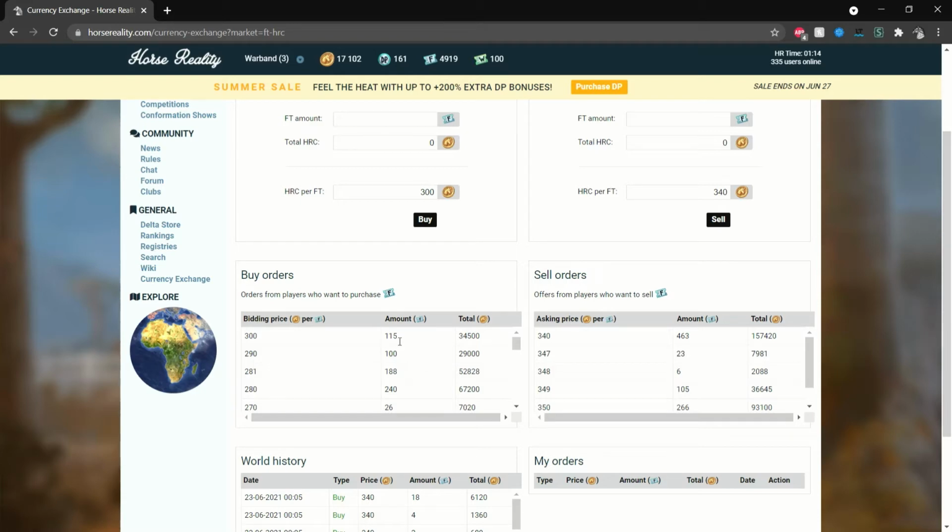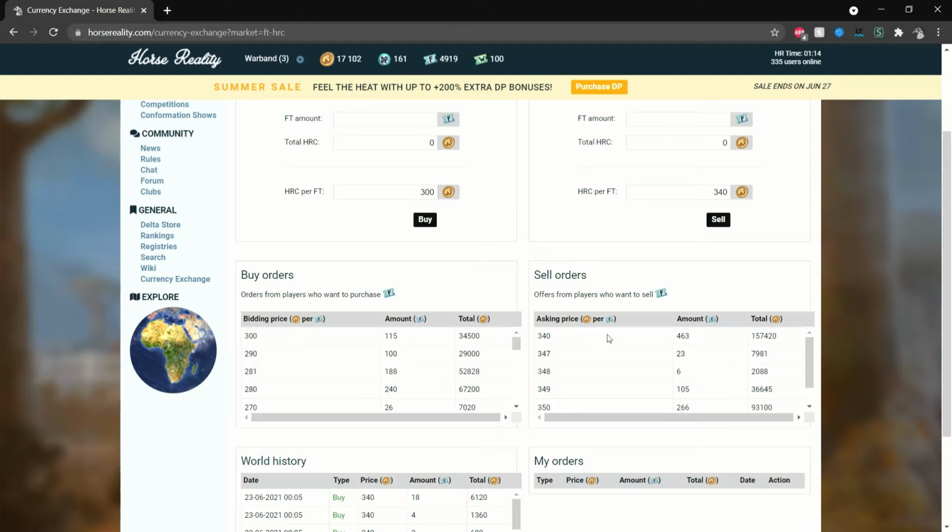As soon as 115 tickets have been sold at $300, or unless more people try to buy at $300, the next lowest is going to be $290, and then $281, and it'll just continue on until you get to the lowest denominator.